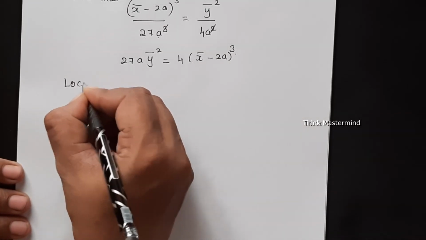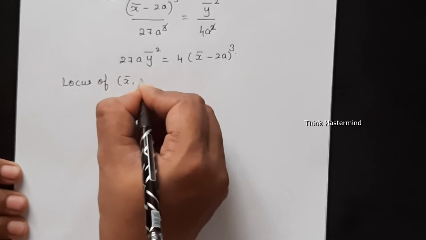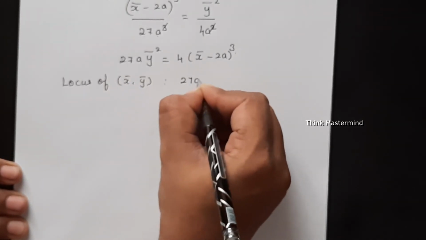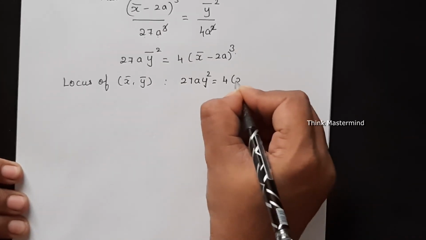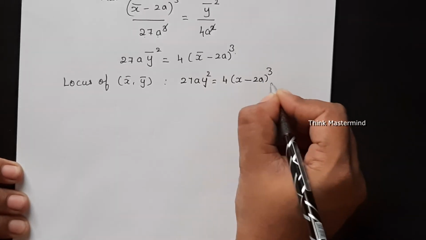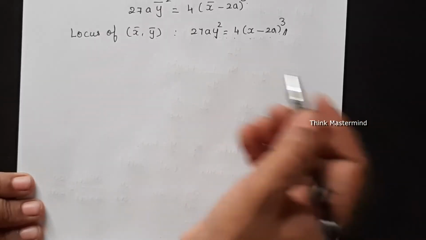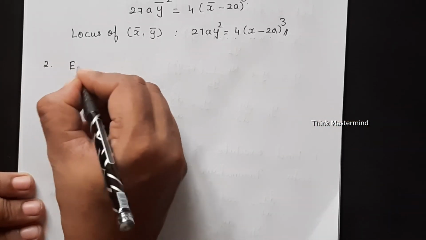Therefore the locus of x bar comma y bar is 27a y square is equal to 4 times of x minus 2a the whole cube, which is the evolute of a parabola. In a similar way we can find the evolute of a parabola.